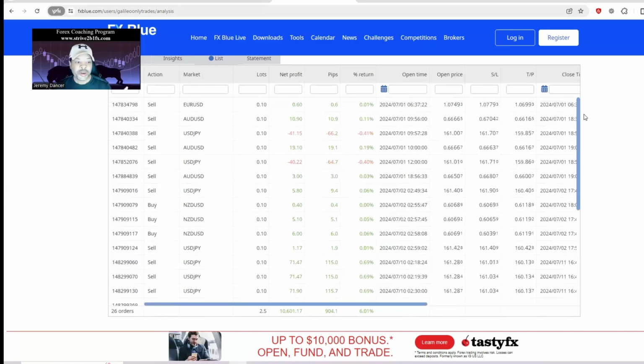All right. But so far, what you guys can see here, these are all my trades from July. I am extra conservative with this account because it's for the public view. I do have other accounts that are not public where I can be more aggressive and I'm not as concerned about the stats.